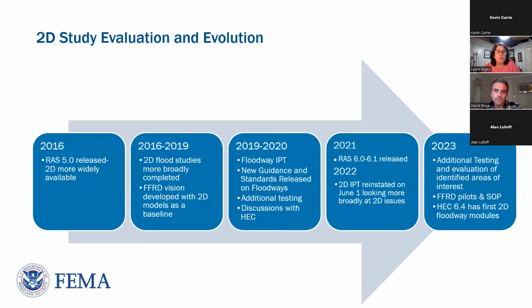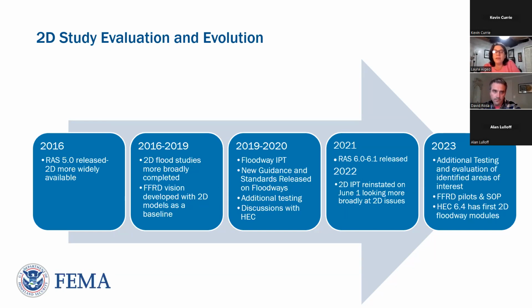As I mentioned, 2016 was when RAS 5 was released. There was 2D modeling done before that, obviously, but it really took off when there was that free model available from the Corps. Across 2016 to 2019, we started seeing many more flood studies being completed and larger watersheds being analyzed.